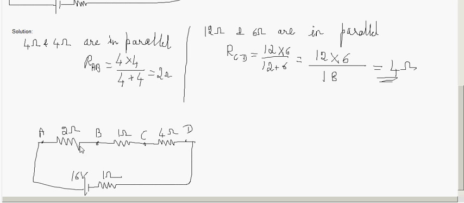Now if we see this network, all resistors are connected in series. Therefore, the equivalent resistance of the network is 2 plus 1 plus 4 plus 1, equal to 8 ohm.